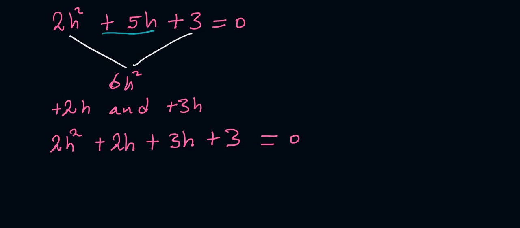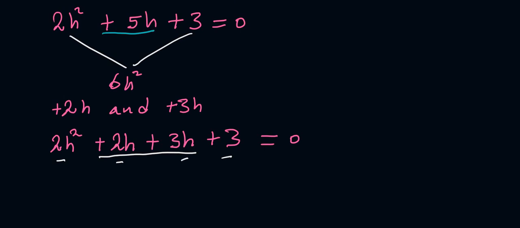So you notice that plus 5h has been replaced by 2h plus 3h. So now we have 4 terms in this equation. This is the first term, the second, the third, and the fourth.